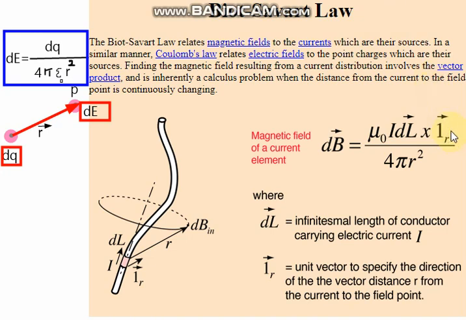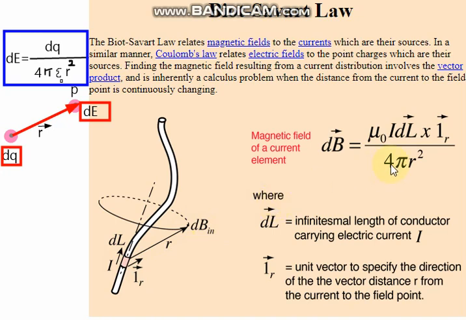This r hat is a unit vector in the direction of r, where r is the distance between the current element I dl and our observation point, and the contribution to the total magnetic field by this current element will be denoted by dB.